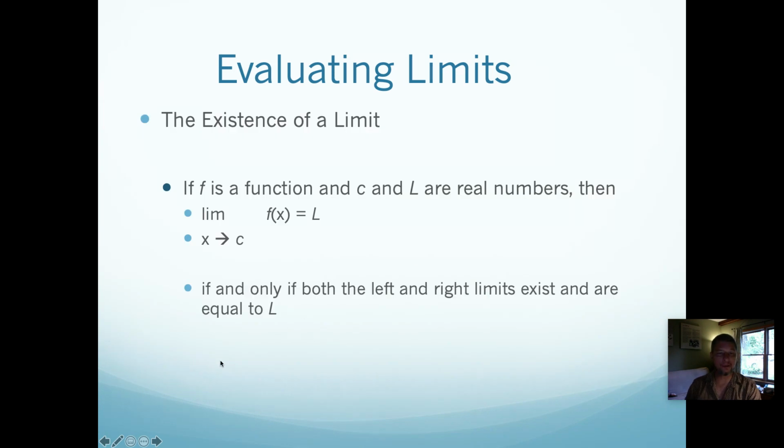on? In this video, we are going to look at what's called the existence of a limit. The way that we define this is as follows.